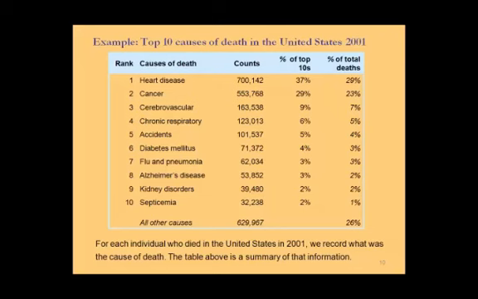So here is some data. Can you identify for me the categorical variables and the quantitative variables? Quantitative would be the calculated percentages, the numbers. So that would be counts. And the percent of top tens are percentages, that's fine.